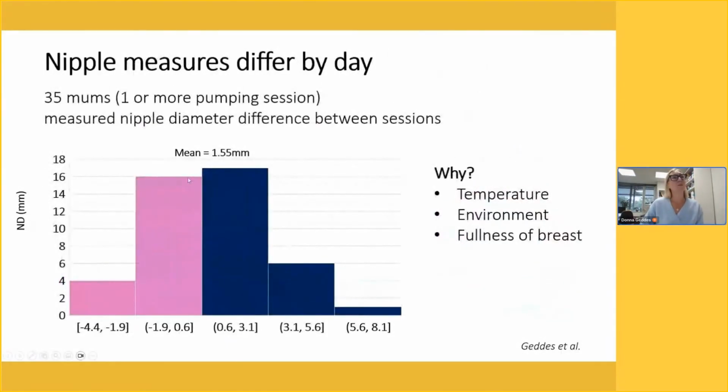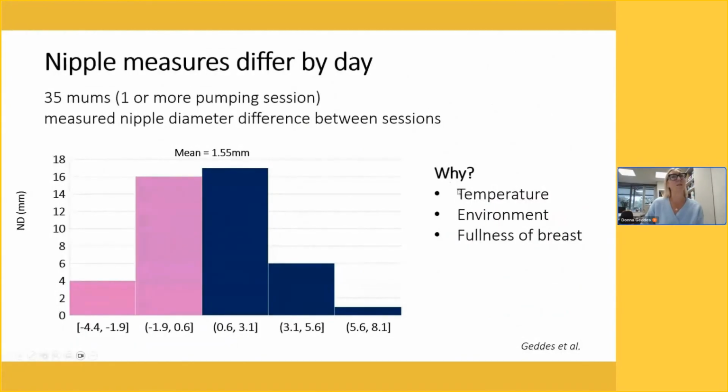Then we often have our mothers come in for 2 to 4 sessions. And if we measure on different days, we get different answers. You can see here that we can measure anywhere from 2 to 4 millimeters larger or smaller than the day before. So why might that be?